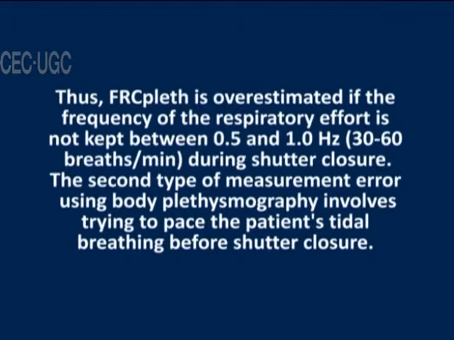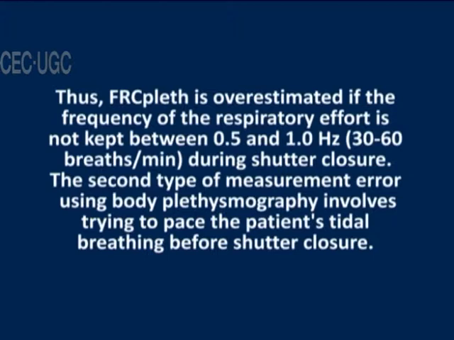Thus, FRC pleth is overestimated if the frequency of the respiratory effort is not kept between 0.5 and 1.0 Hz, that is 30 to 60 breaths per minute, during shutter closure.